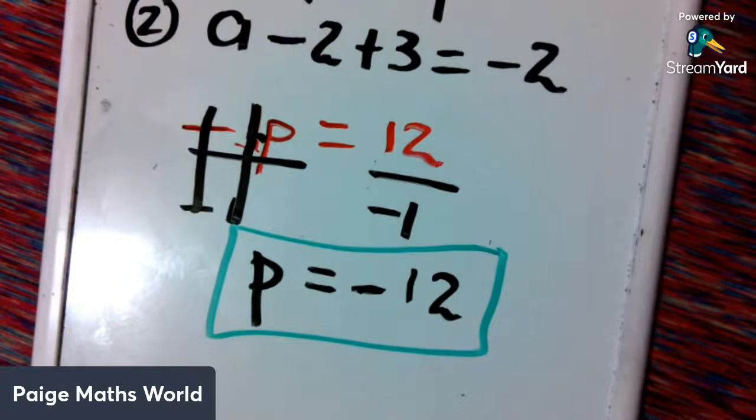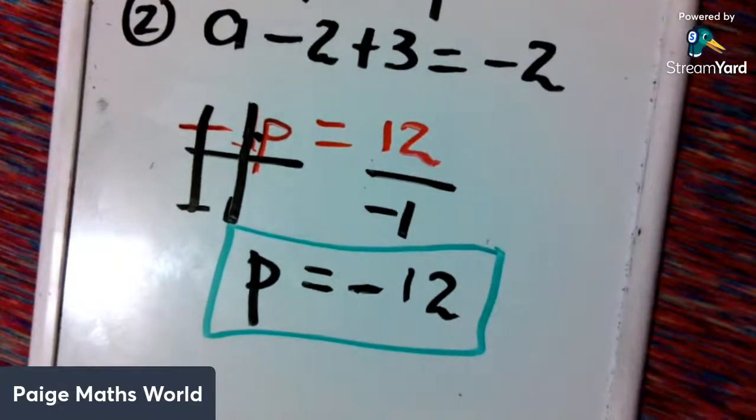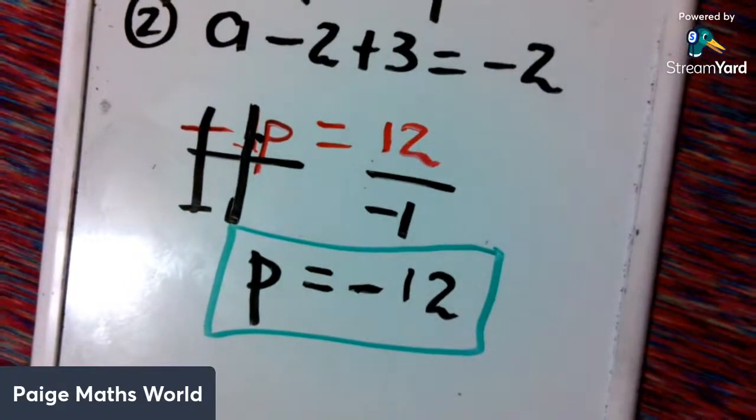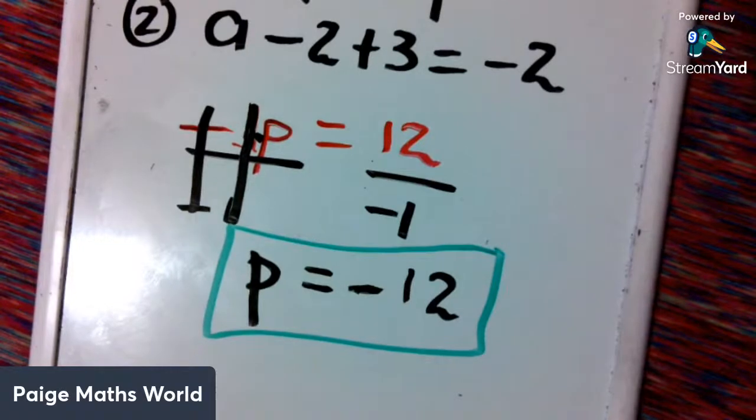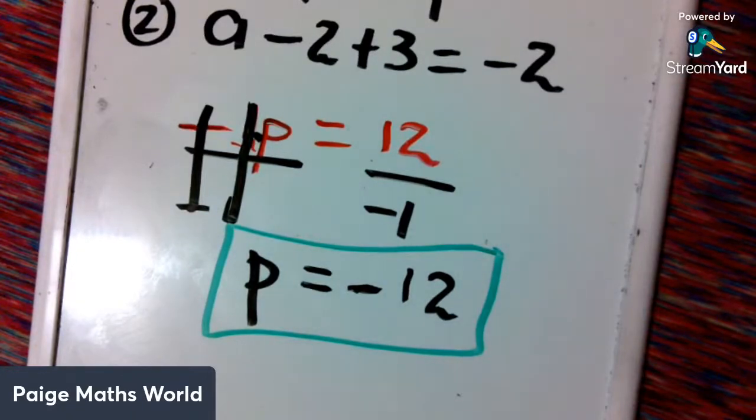Let me check. JD almost got it. She just had negative 1p, I guess because she missed that first part of the class. But yes, JD was on the right track.